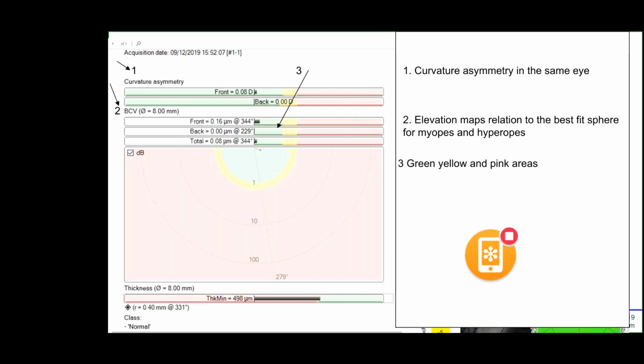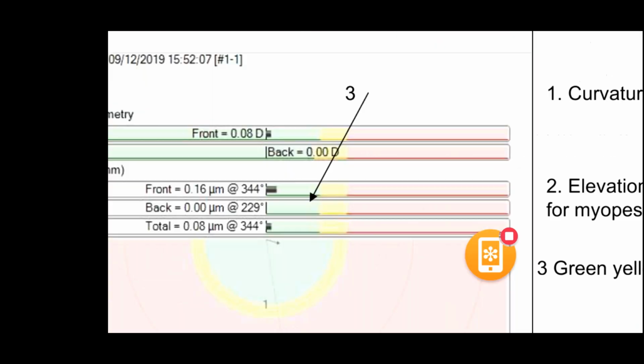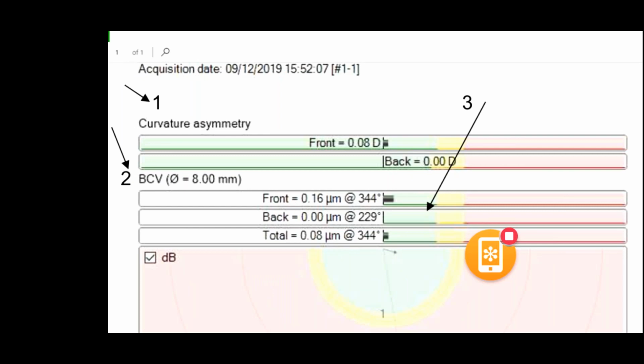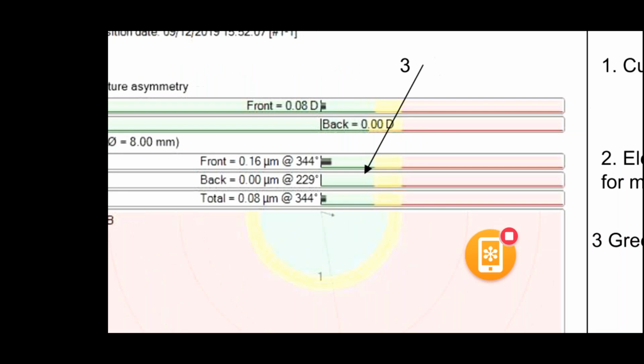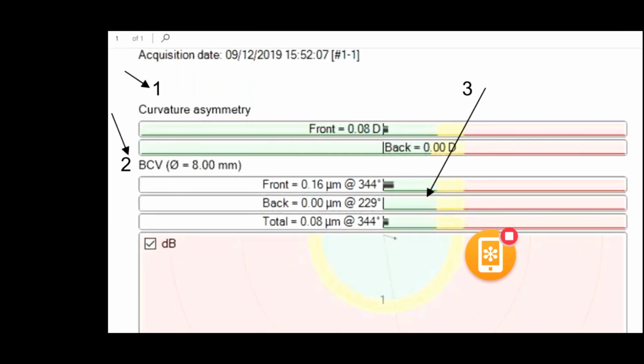So now you see that was the side numerical. Now this, the number one arrow is talking about a curvature asymmetry, okay? Now this curvature asymmetry is talking about the asymmetry of the anterior and the posterior cornea.